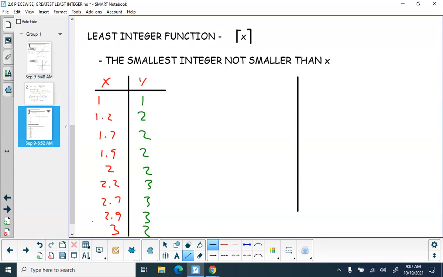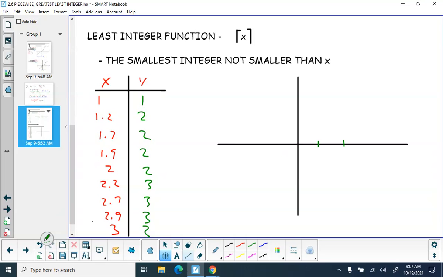So looking at our graph, at 1.2, we're at 2. 1.7, we are at 2. 1.9, we are at 2. 2, we are at 2.